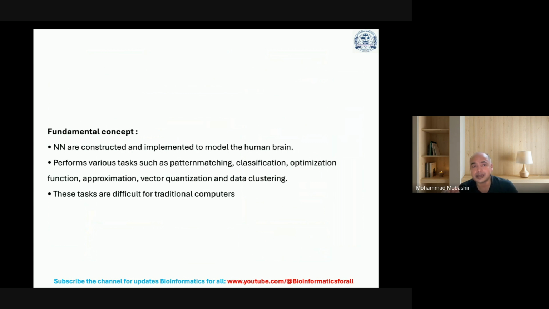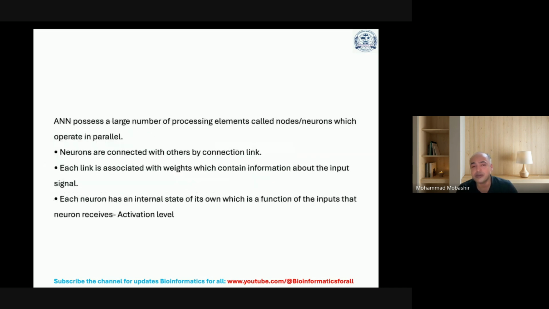Neural networks are constructed and implemented to model the human brain or to mimic the human brain. It performs various tasks such as pattern matching, classification, optimization, approximation, vector quantization, and data clustering. These tasks are difficult for traditional computers, so you need to have a recent computer or system.